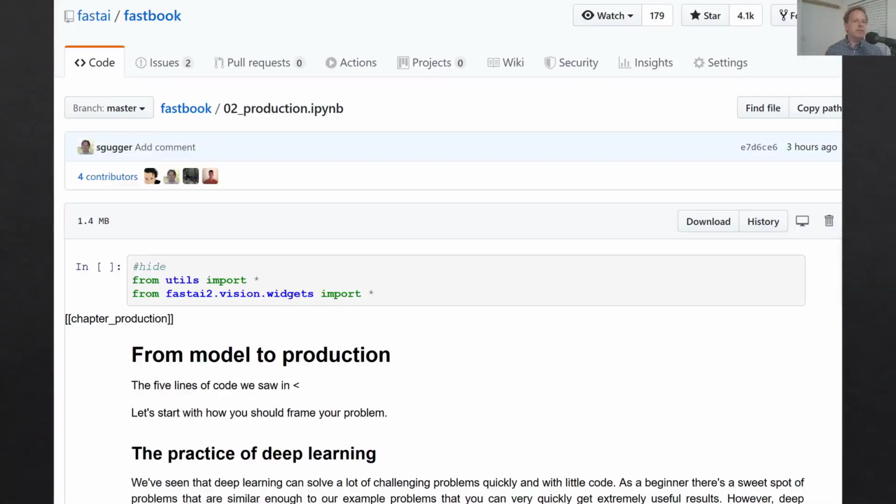I wanted to remind you that there are two sets of notebooks available to you. One is the fast book repo, the full actual notebooks containing all the text of the O'Reilly book. And so this lets you see everything that I'm telling you in much more detail.